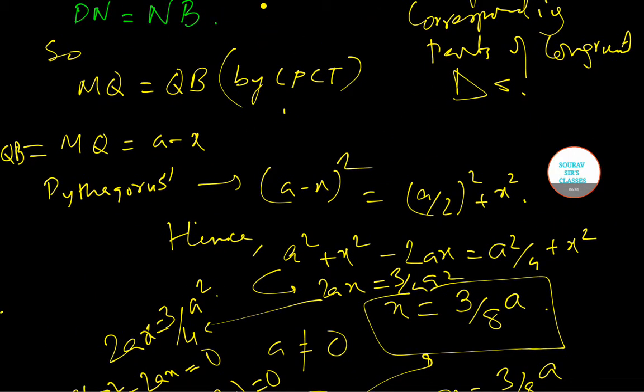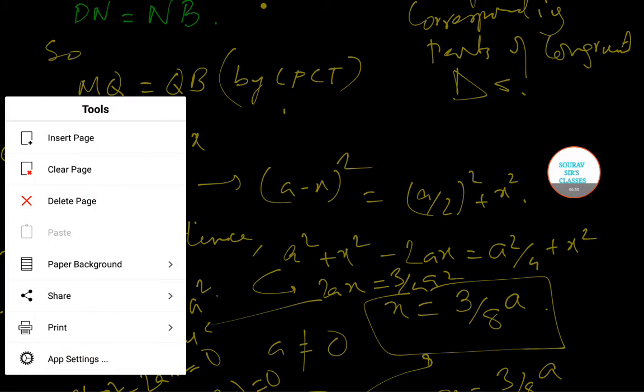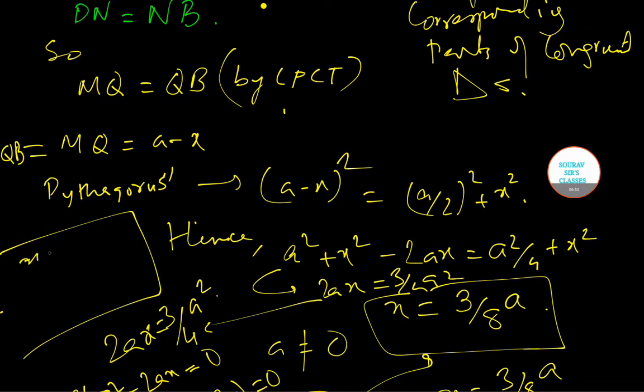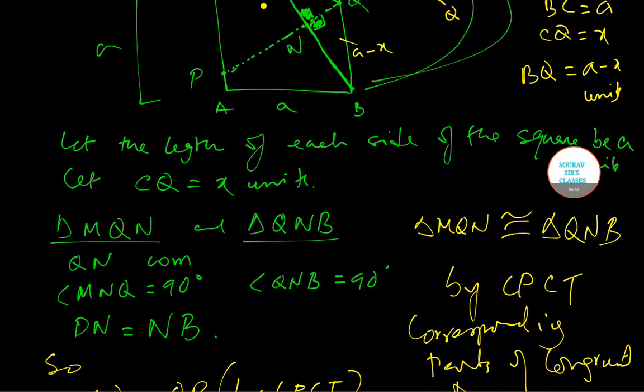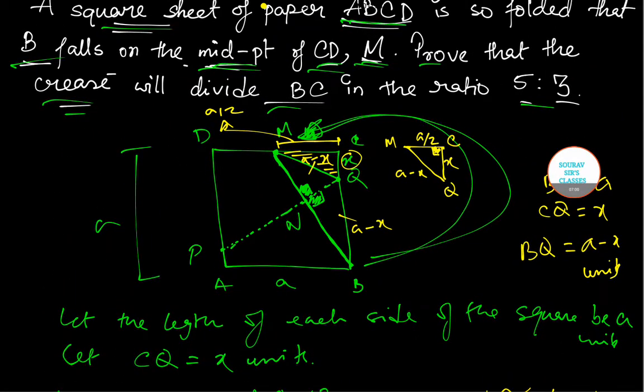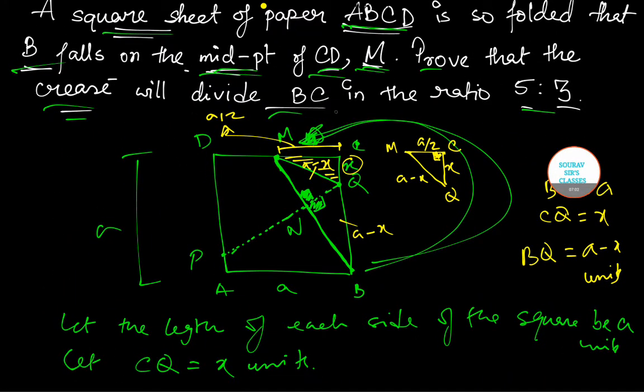So now we have x equals to 3 by 8 a, and we want to prove that the crease will divide BC in the ratio 5 by 3.